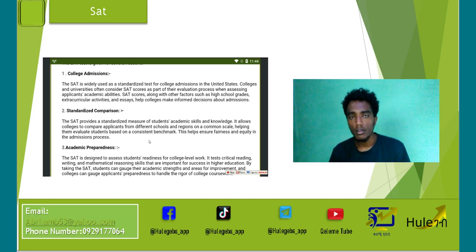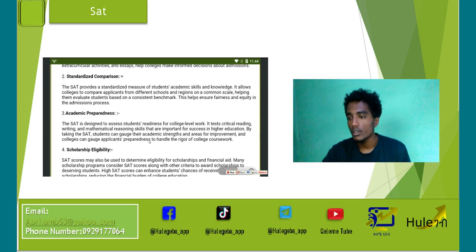It's very important because it's a standardized comparison. It gives us a common scale used to compare different students. Using this scale, we can accept or reject students.